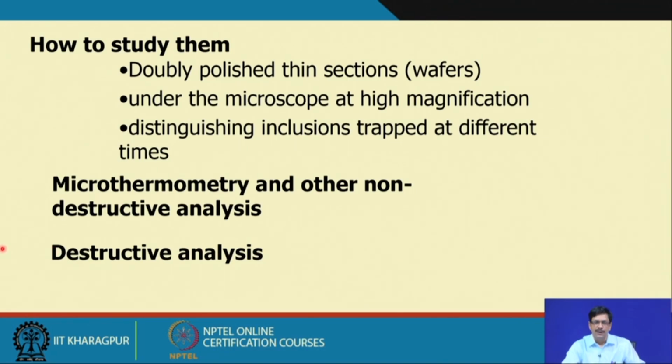Sometimes we can do some destructive analysis by opening the inclusions or taking the inclusion fluid out of the host mineral and analyzing them using many sophisticated analytical equipment. We will be discussing the microthermometric technique, which provides the most fundamental and the first level information on these fluid inclusions.